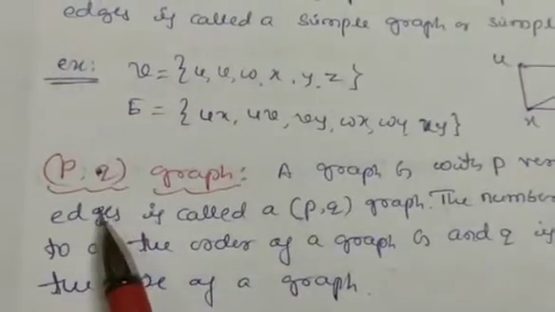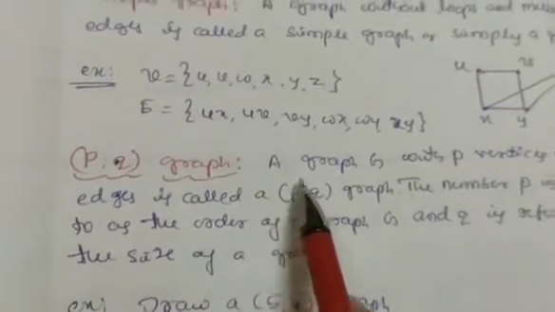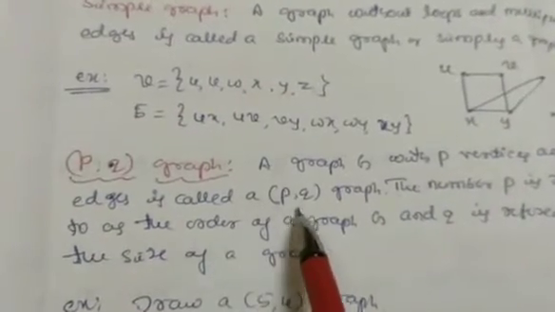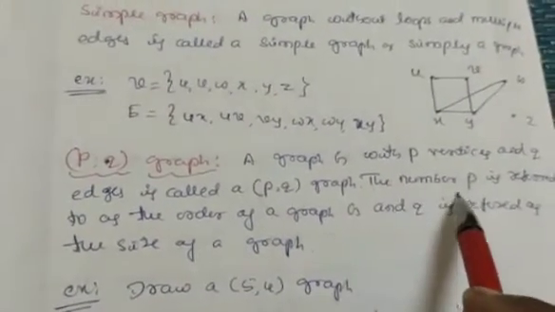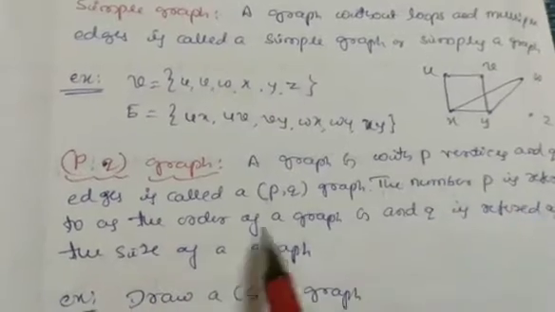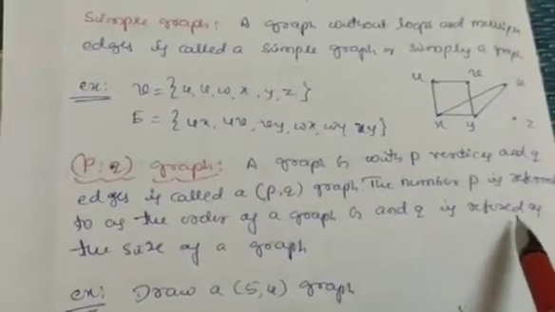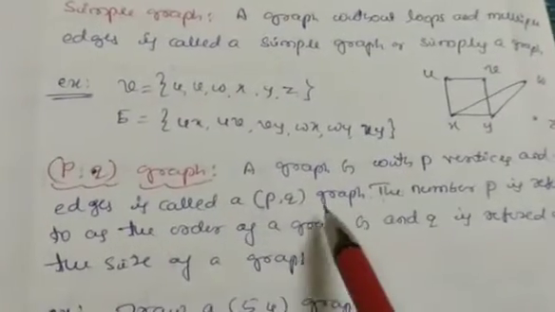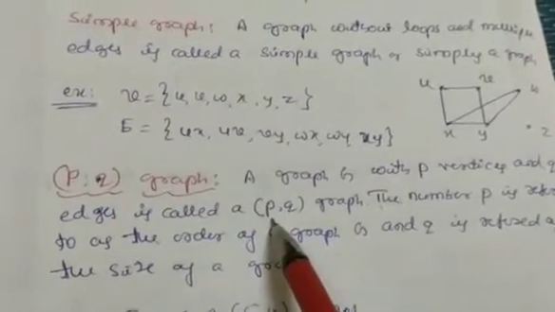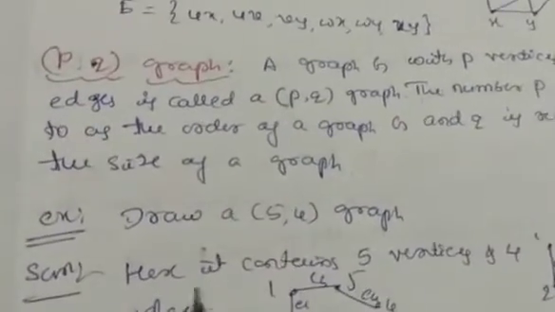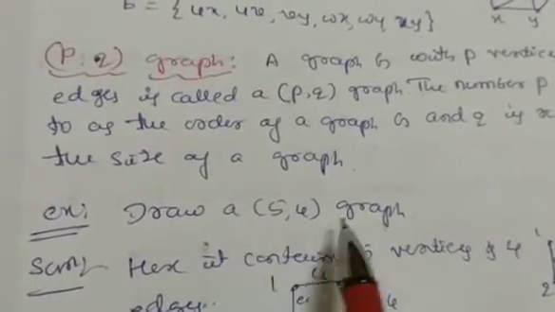Let us take one more definition: PQ graph. A graph G with P vertices and Q edges is called a PQ graph. The number P is referred to as the order of a graph G, and Q is referred to as the size of a graph. A PQ graph means it has P vertices and Q edges. For example, draw a 5,4 graph.